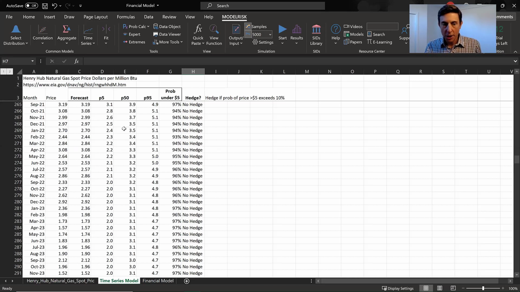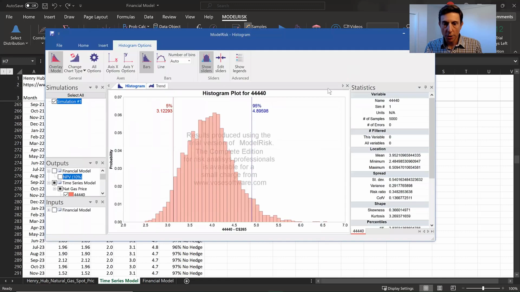So for each month, the geometric Brownian motion is giving me a probability distribution. So we can see for September, the price can go between $3 and $4.9. That's the 90% confidence interval. So can you see how from a time series model, for each data point, at each point in time, I have a probability distribution.